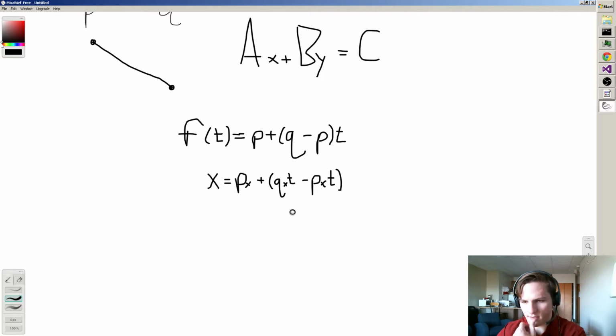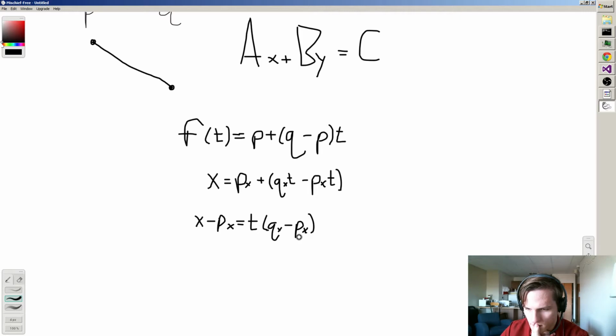And the same concept in y. And then I would solve it for t, which would basically mean subtract the p of x and pull the t out, so you get x minus p of x equals t times (q of x minus p of x). And then divide by that.